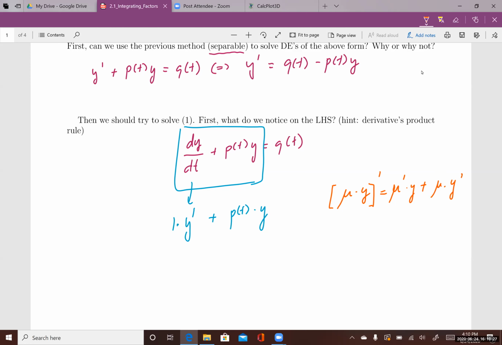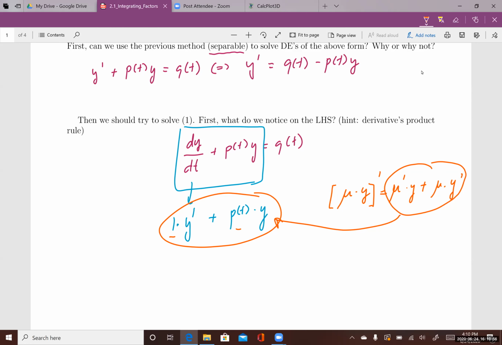Okay, so we compare these expressions. In these two expressions, we have y prime and y, and we have p(t) and 1, and we have mu. So if I want to force these expressions to be similar to these expressions, then what should I do?